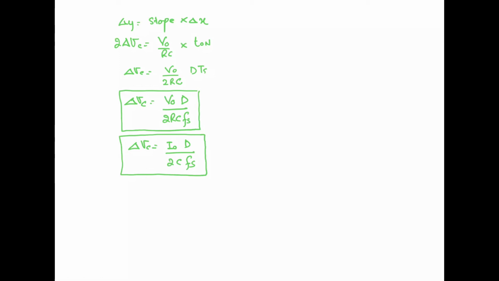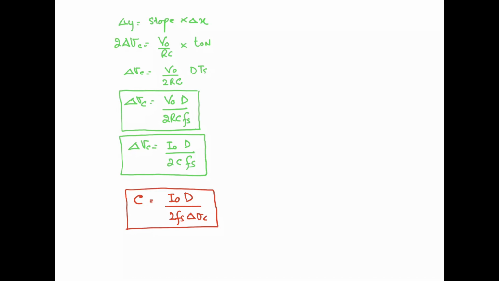For the design of the capacitance based upon the given parameters, you can rearrange and write that C is equal to I naught into D divided by 2Fs into delta Vc. So if the required voltage variation is given to you, and for the particular load current, switching frequency and duty cycle, you can find out the required value of the capacitance.